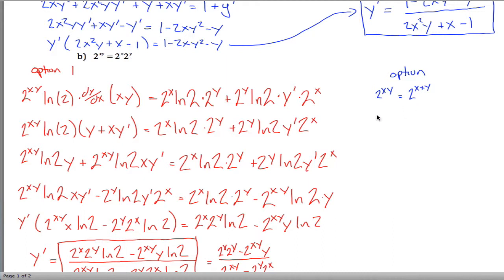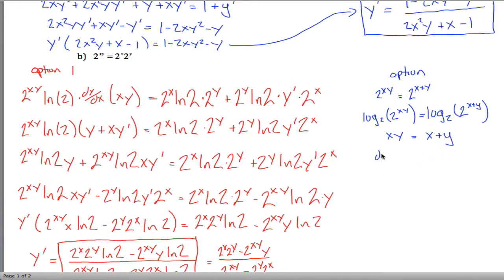And if this equals this, log base 2 of this equals log base 2 of this. Log base 2 of 2 to the xy power is just x times y. Log base 2 of 2 to the x plus y is just x plus y.